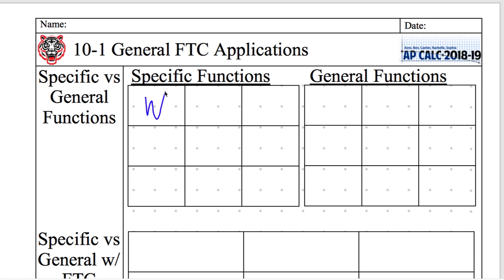W prime, but you need to be very specific now, because W prime assumes we already know what we're taking the derivative with respect to. Now you need to say you're taking the derivative with respect to time, not with respect to x, not with respect to y. How do I say that? Just d over dt. dW dt.